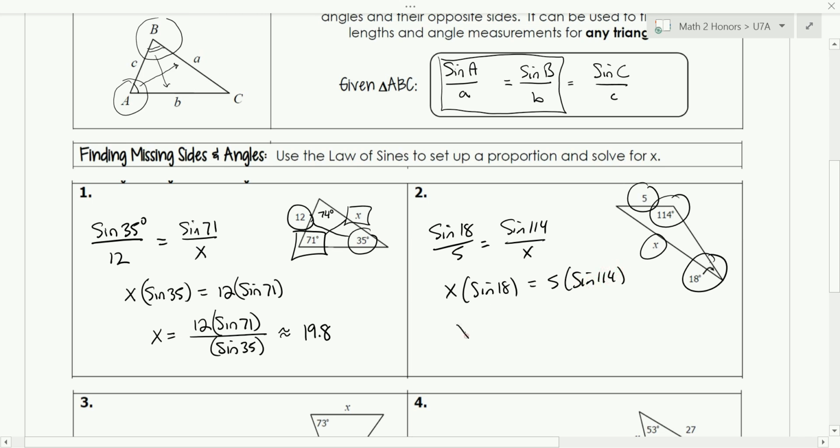Divide by sine of 18. And then enter that into your calculator. You should be getting 14.8, rounded to the nearest tenth. Okay.